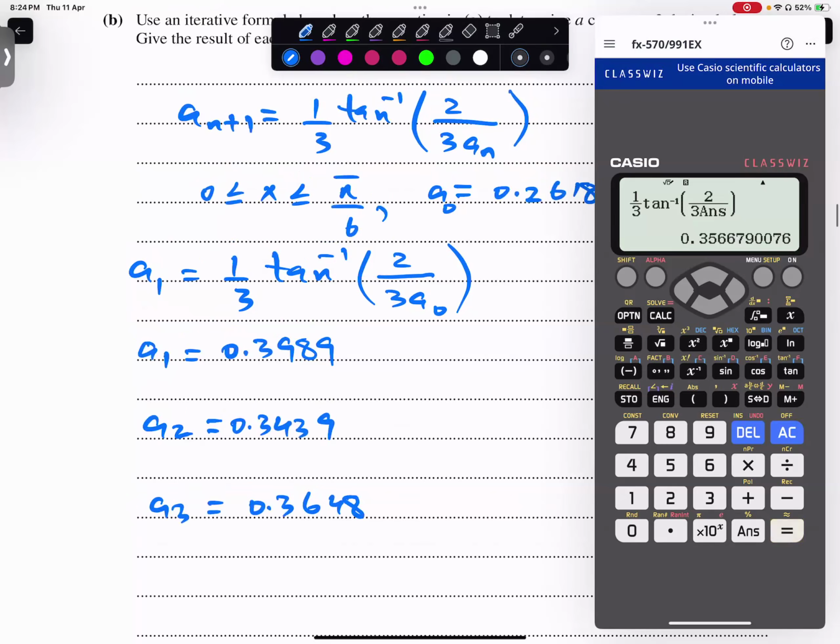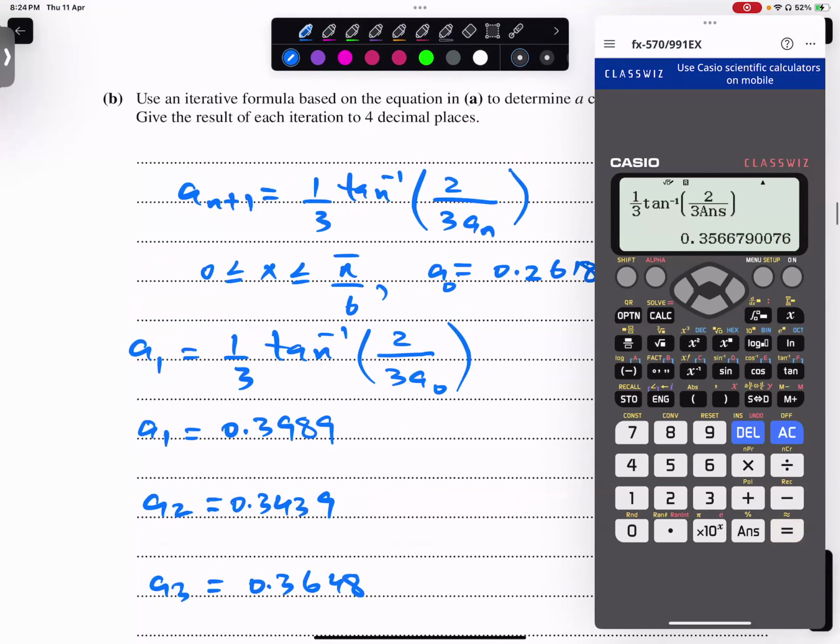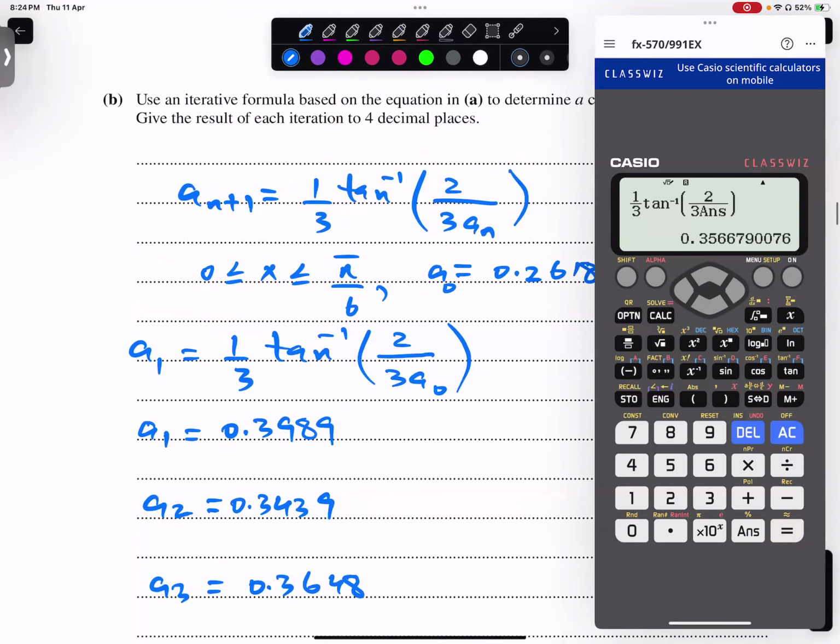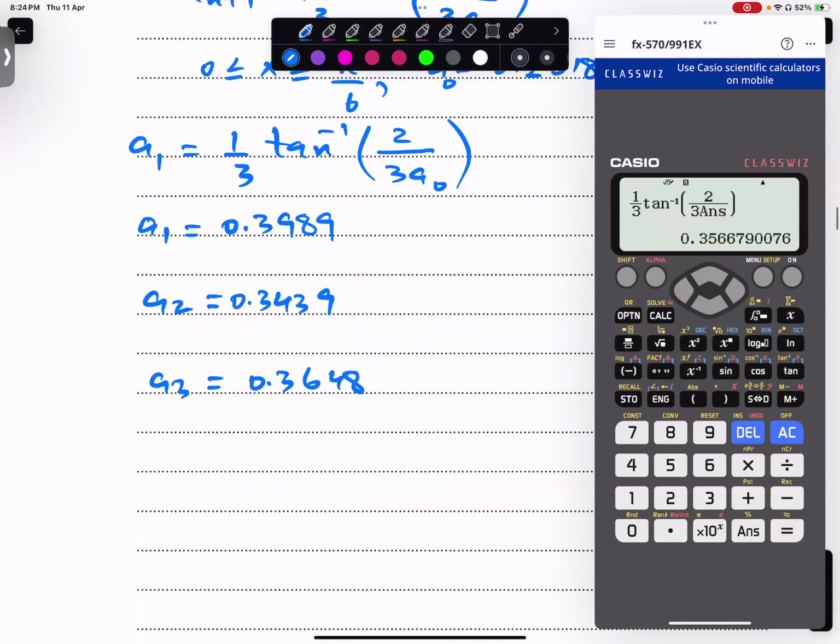We have to write up to 4 decimal places for each iteration, and we have to give the answer up to 2 decimal places. So 0.36, the next is 0.3567. Next will be 0.3598.